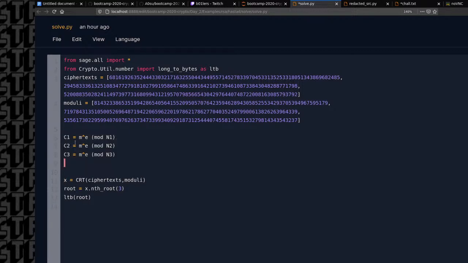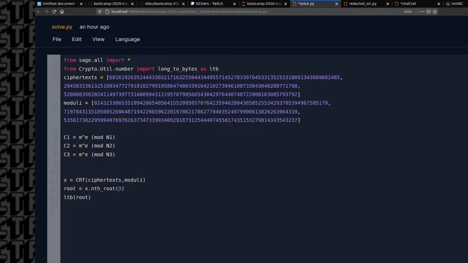What the Chinese remainder theorem allows us to do is this: we have essentially three properties of m to the e here. We know that m to the e mod n1 gives us c1, m to the e mod n2 gives us c2, and so on. So this theorem states that we can recalculate using this sort of relation. If you've ever taken linear algebra, you have systems of equations and you solve for the values.